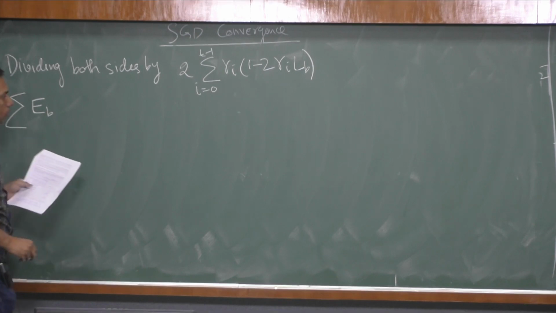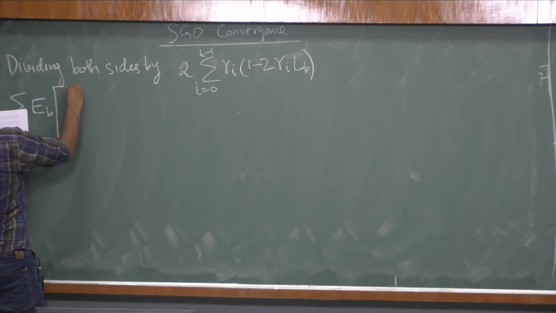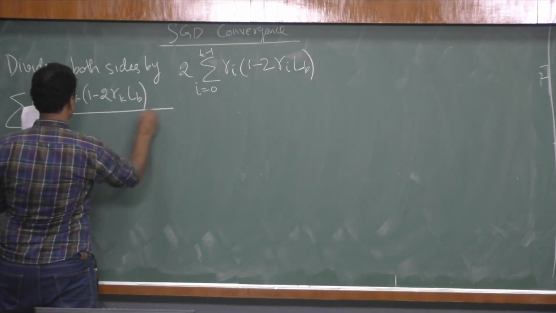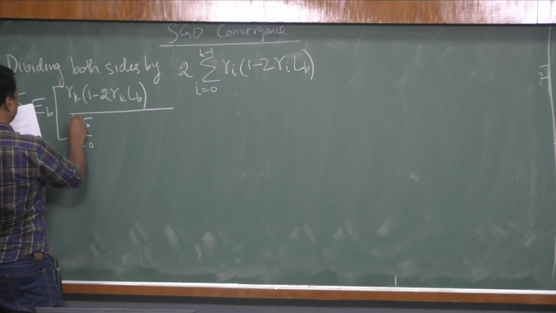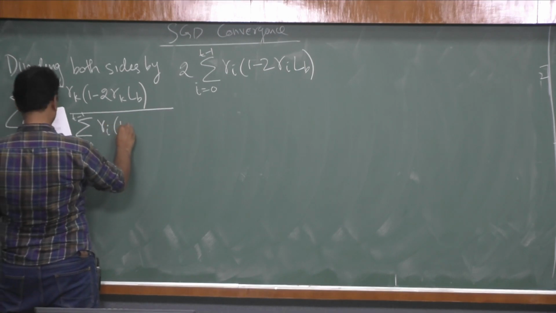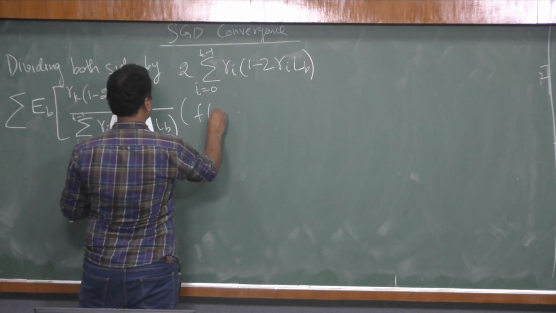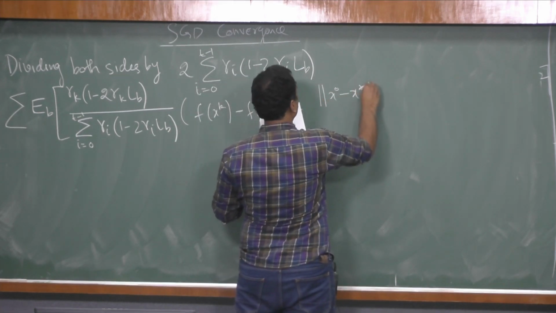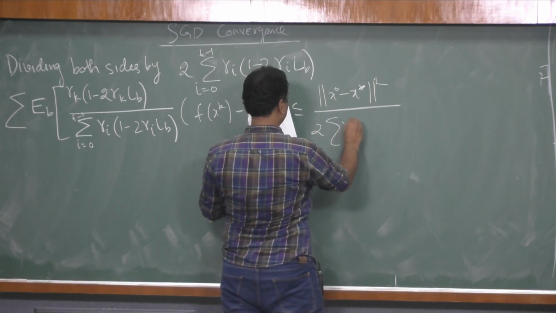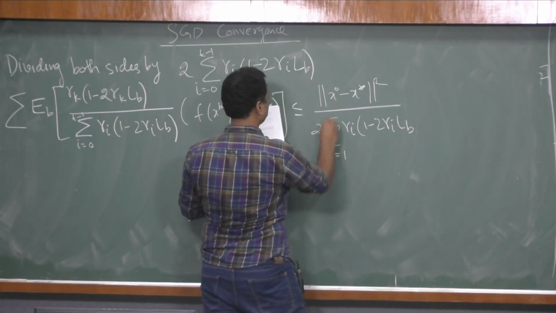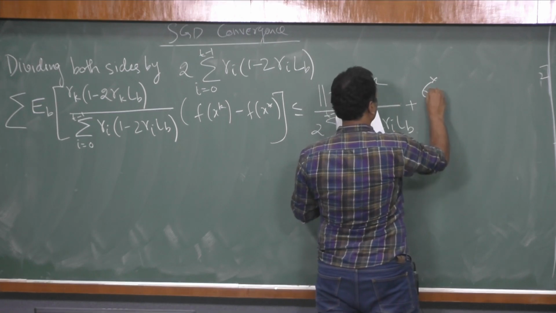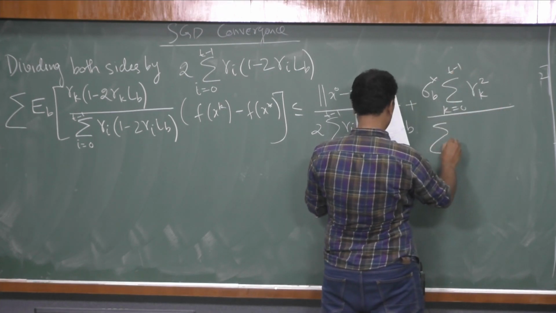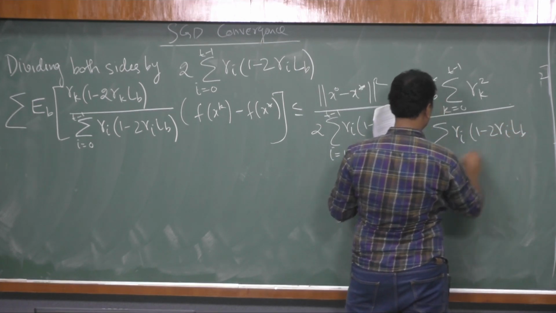E_B [ gamma_k (1 minus 2 gamma_k L_B) divided by sum gamma_i (1 minus 2 gamma_i L_B), i equals 0 to t minus 1, times (f(x_k) minus f(x star)) ] is less than or equal to norm of x_0 minus x star squared divided by 2 sum gamma_i (1 minus 2 gamma_i L_B), i equals 0 to t minus 1, plus sigma star_B sum of gamma_k squared, k equals 0 to t minus 1, divided by sum of gamma_i (1 minus 2 gamma_i L_B), i equals 0 to t minus 1.